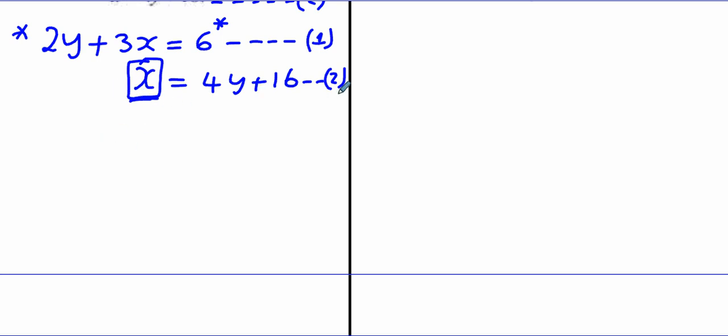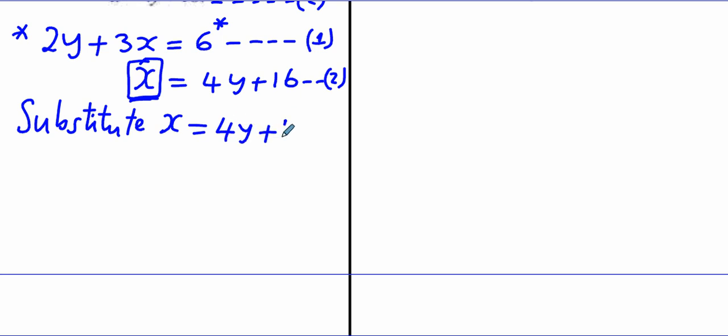Otherwise, here in equation number 2, x is already the subject. So what we are going to do is substitute equation 2, which is x equals 4y plus 16, into equation number 1, which is 2y plus 3x equals 6.